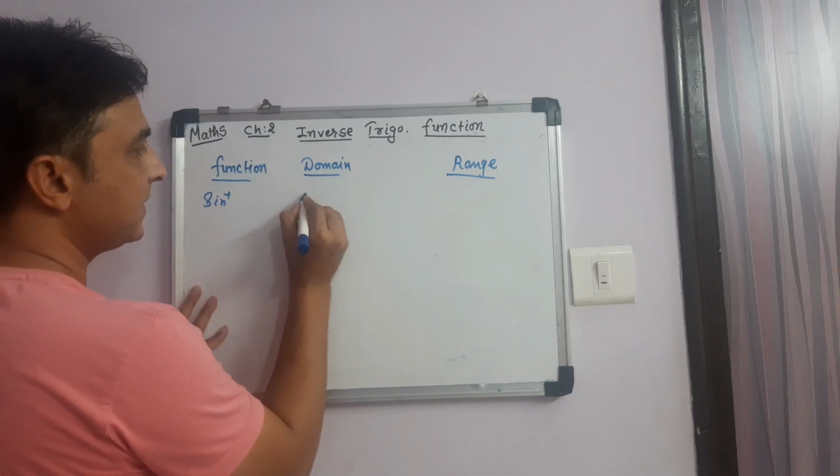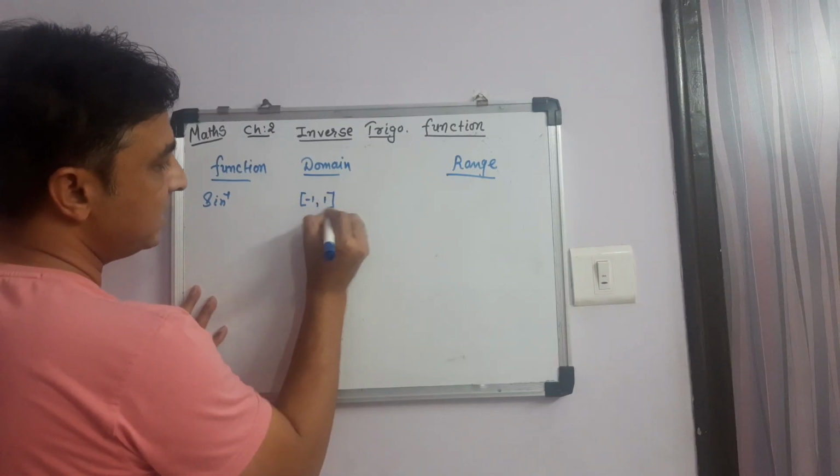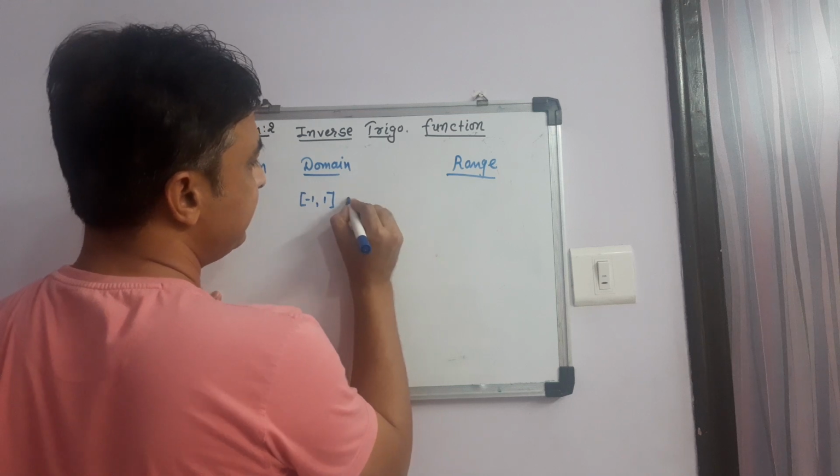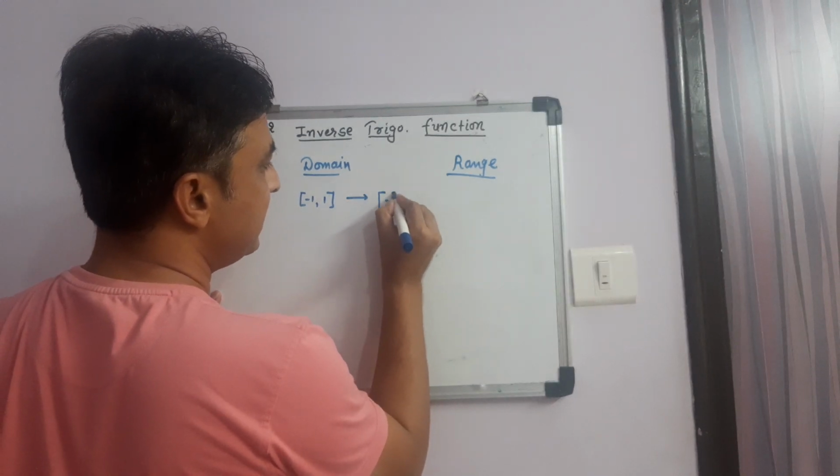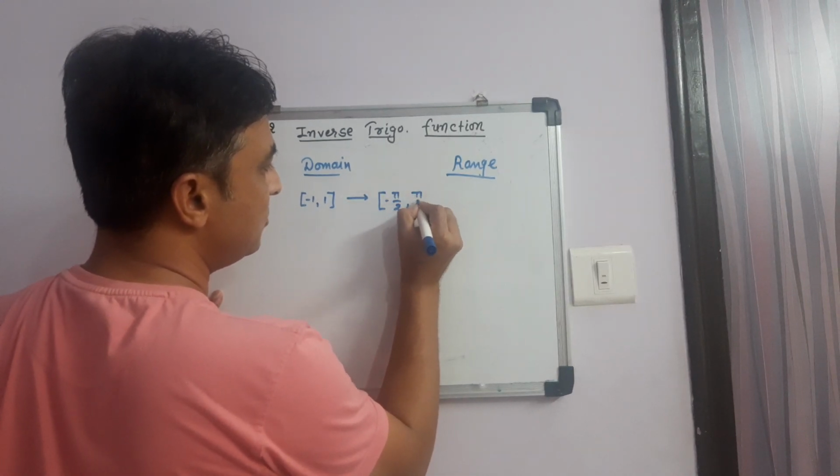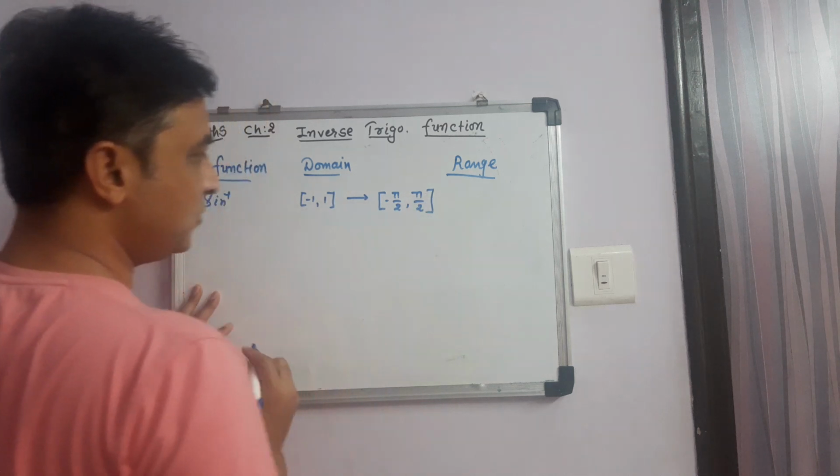Sine inverse, its domain is minus 1 to 1 and its range will be minus pi by 2 to plus pi by 2.